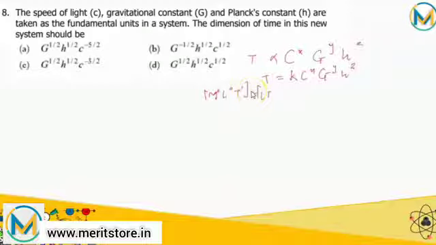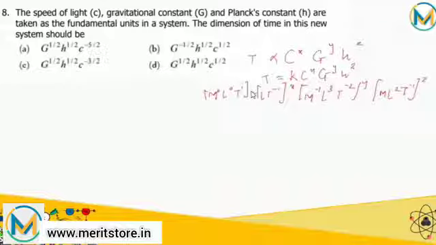c, that is (L T^-1)^x. Then for G, it is (M^-1 L^3 T^-2)^y, and next h, that is (M L^2 T^-1)^z.